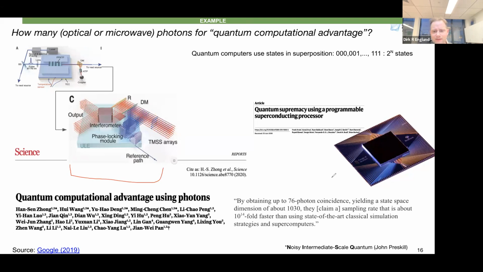And then again, the other problem here is actually rather similar in the superconducting case. It's also a sampling problem. But it's interesting to think about, okay, how many photons would we need to do an experiment that would show some sort of a quantum computational advantage?